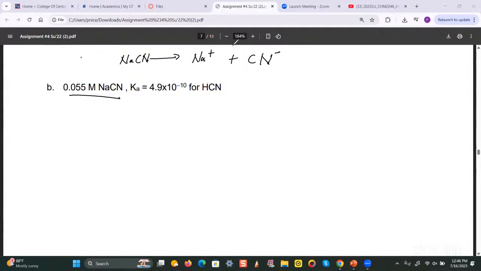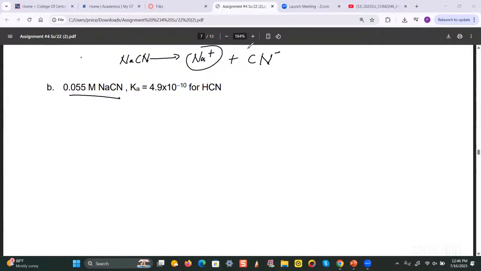So if you remember what I discussed when I was talking about the acidity or basicity of salt, I said that after the dissociation, you have to figure out how the ions will interact with water, right? And in the case of sodium ions, they will not have any effect on water, so any change in the pH will not be due to the sodium ions present.